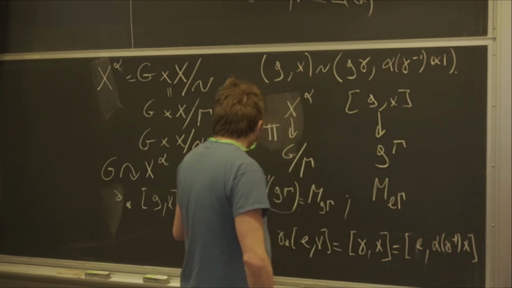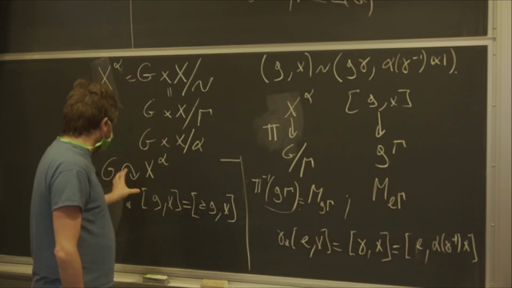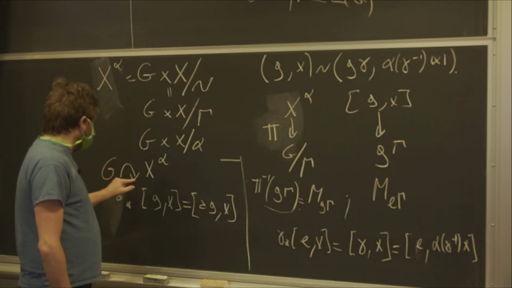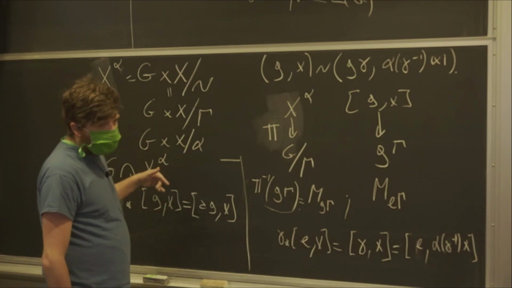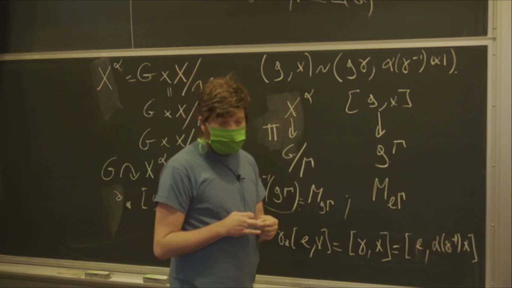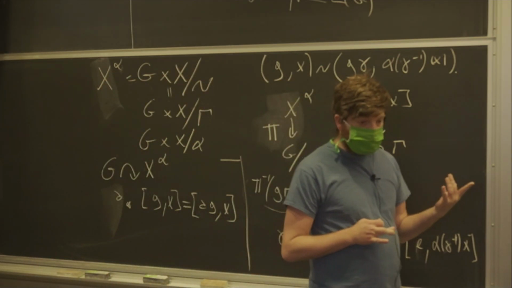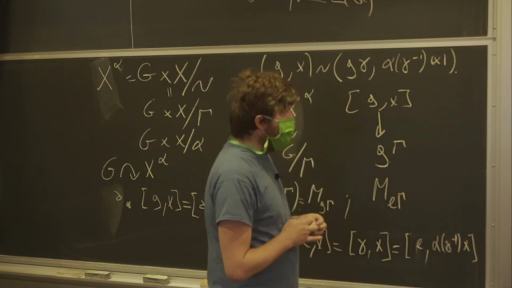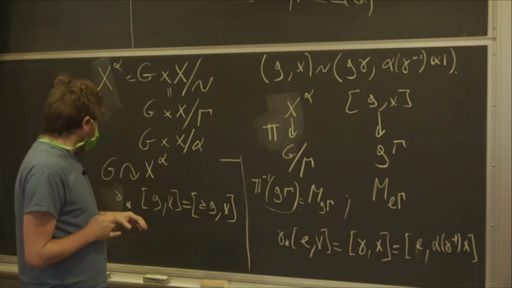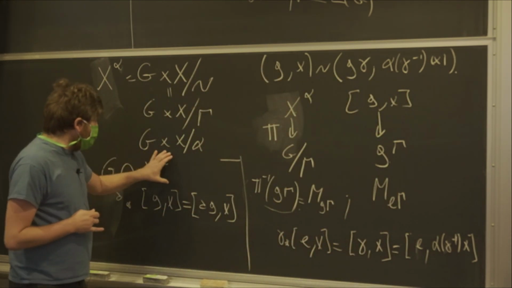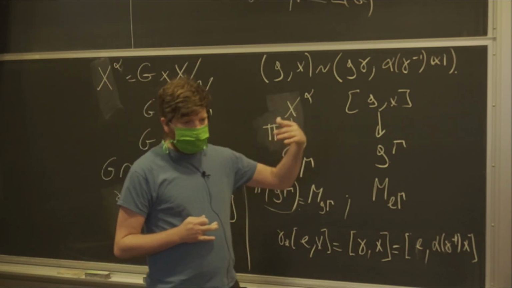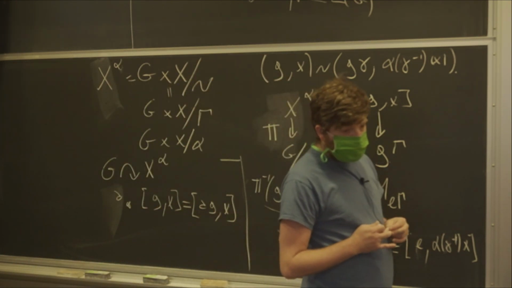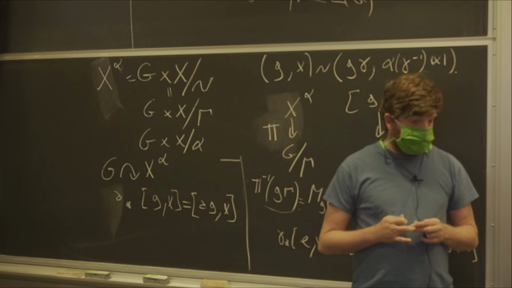So when I come to a gamma action, I have better hope to understand the actions of G on X alpha and how to produce an invariant measure for the G action instead of for the gamma action. And then it will not be hard to show that if I build an invariant measure for this action, then I will be producing an invariant measure for the gamma action.